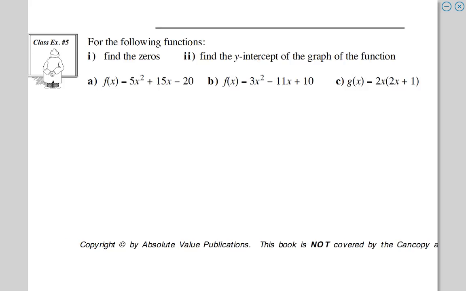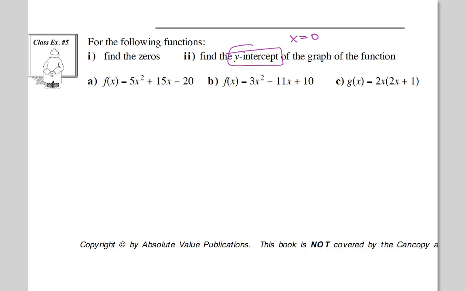Okay, for class example 5, not only do they want us to find the zeros, but they want us to find the y-intercept. Now the y-intercepts are extremely easy. I'll do those first in purple. For a y-intercept, the x is 0.